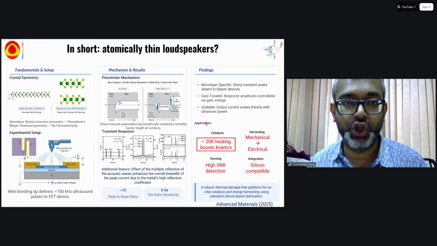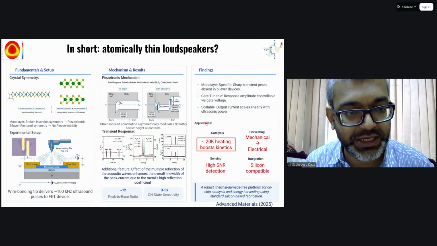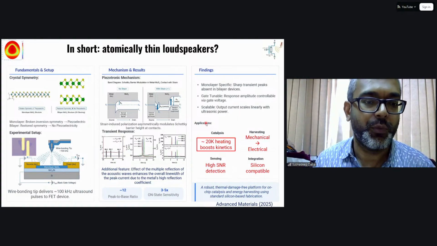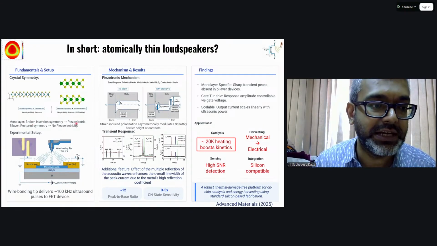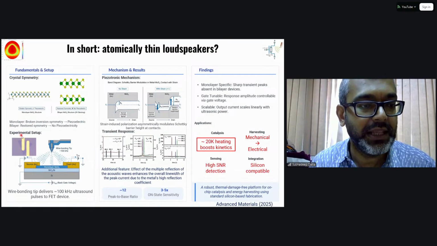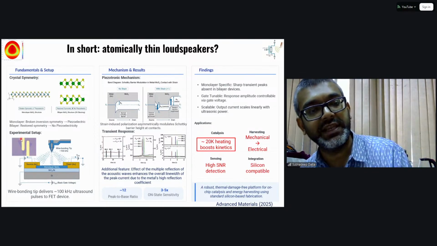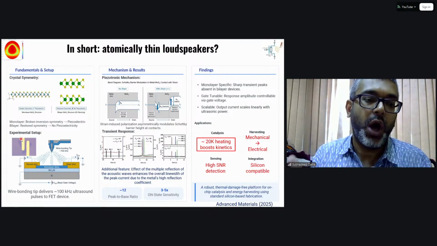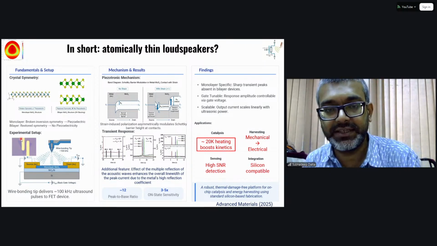So in short, we have created atomically thin loudspeakers, depending, of course, on the layer thickness. For monolayers, the broken inversion symmetry creates a piezoelectric signal, and for bilayer, restored symmetry gives no piezoelectricity. So this determines why the signal is coming from a specific layer thickness.